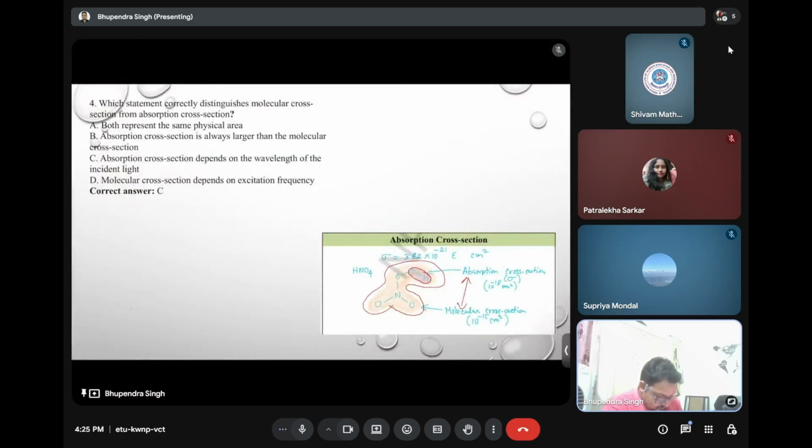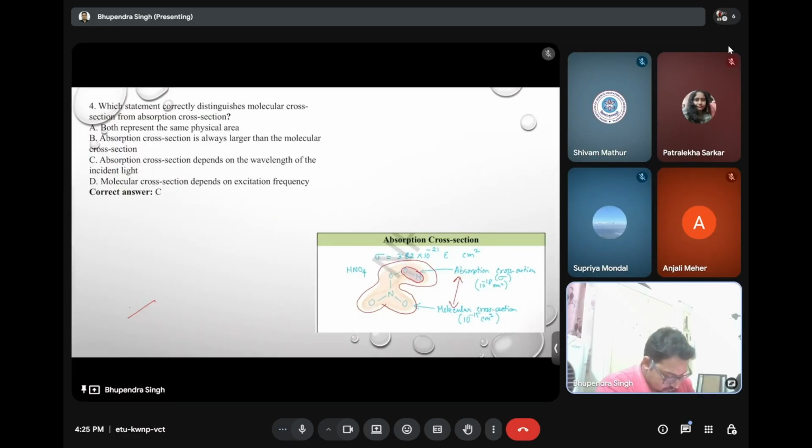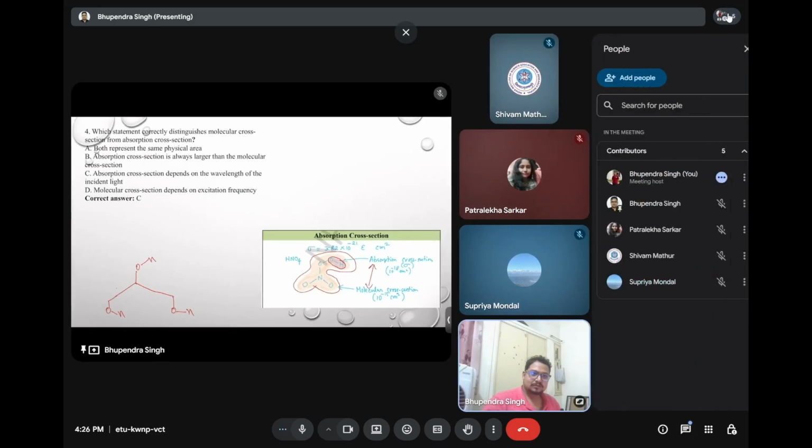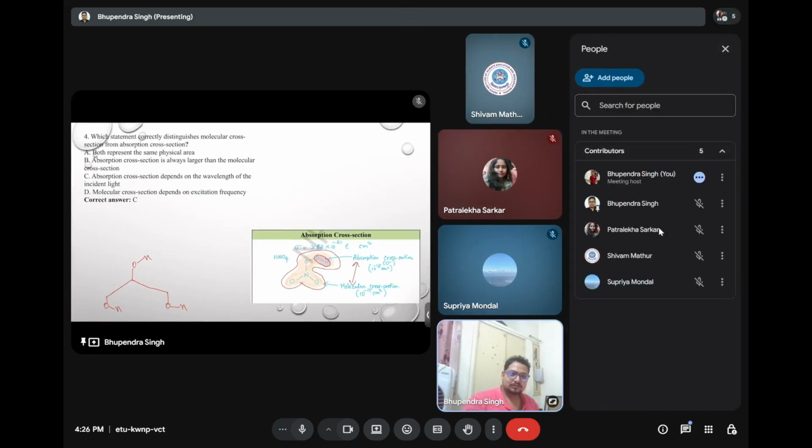First, tell me what this molecule is. Do you know the name of this molecule?